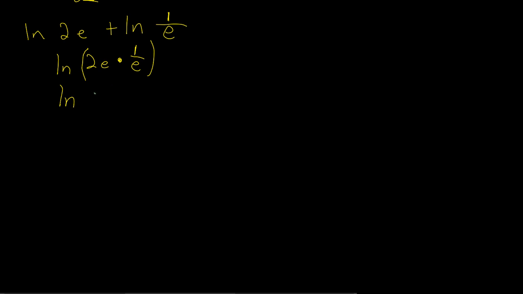The e's cancel, and I get ln of 2, which is about 0.69-ish, I think. 0.68-ish. It's halfway up a curve. 0.693, yeah, 0.693. Sorry, knowing about where these things are can be helpful.